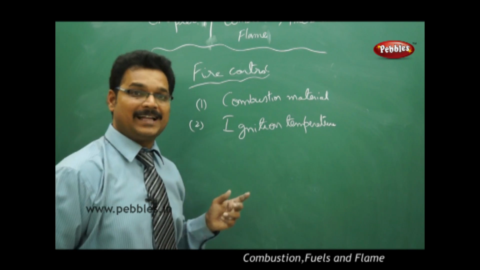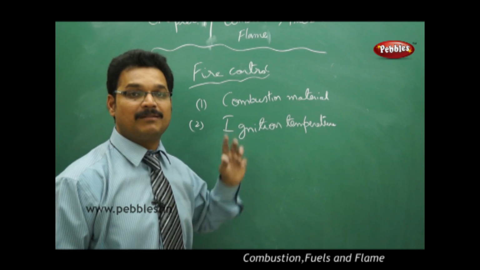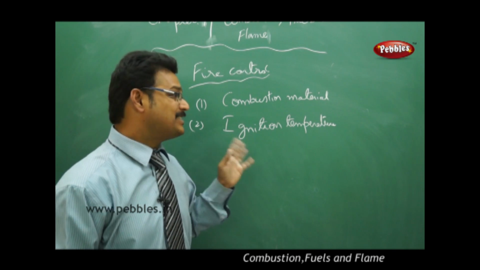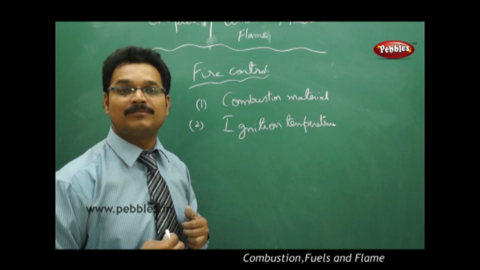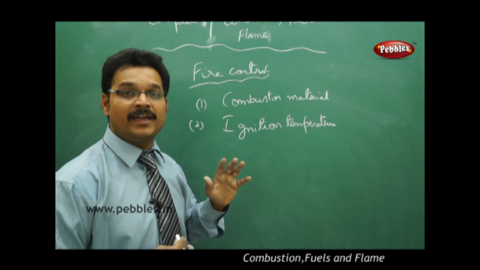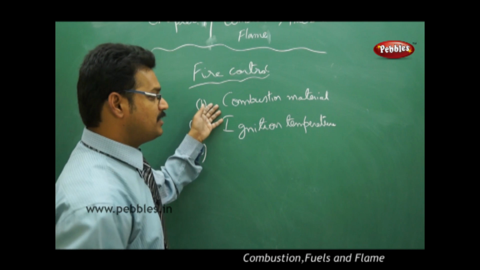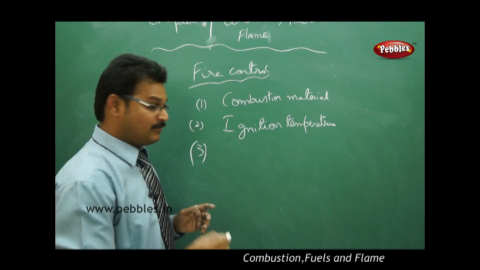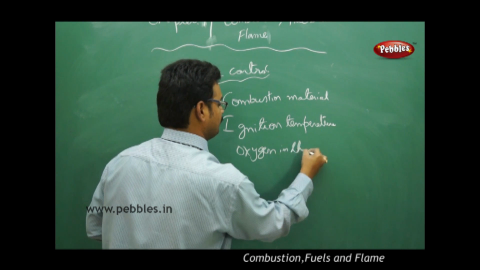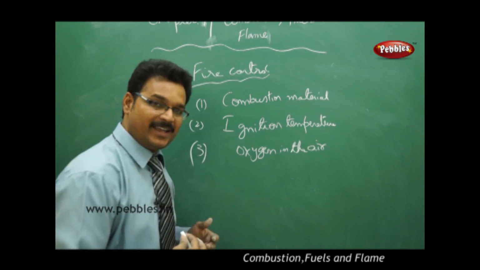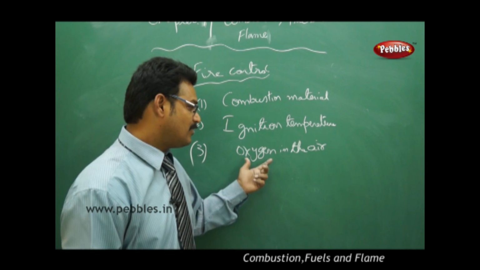I told you earlier in the class, ignition temperature is essential for the combustion process. So that ignition temperature should be increased. If it is less, a huge amount of fire will come. If it is increased, the fire can be minimized. Third, very important, is oxygen in the air. The fire intensity keeps increasing because of oxygen.